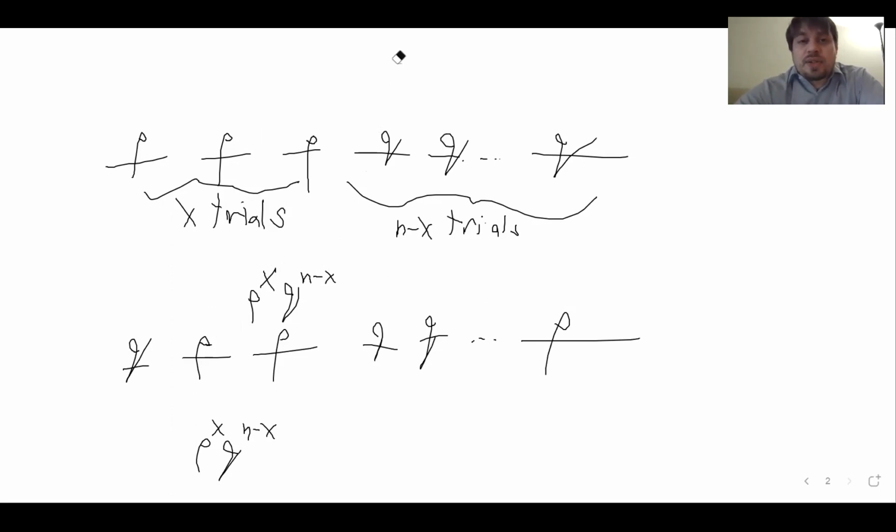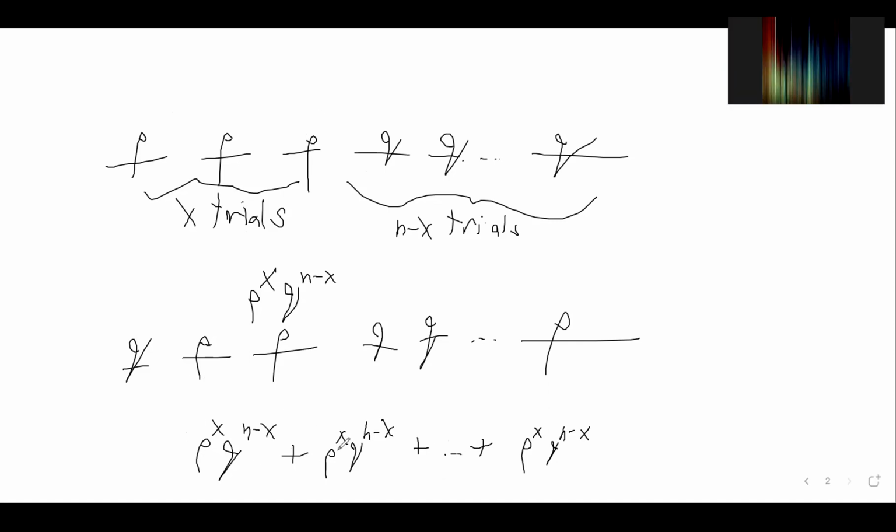And so the probability of exactly X successes is a sum of P to the X times Q to the N minus X. You just keep adding this quantity over and over again, but you add it a certain number of times. And the number of times you add this quantity is the number of ways that you can arrange X successes in a total of N trials. Does that make sense?